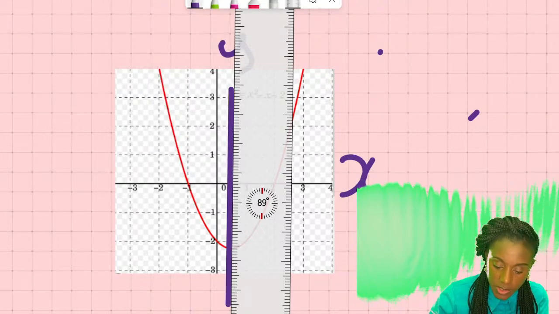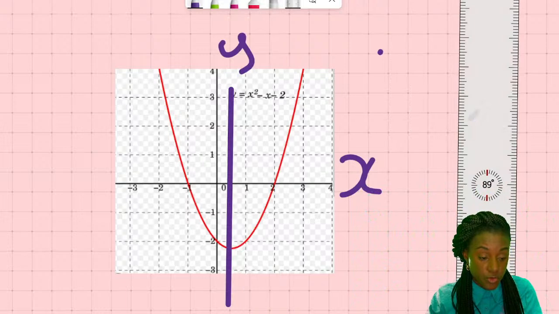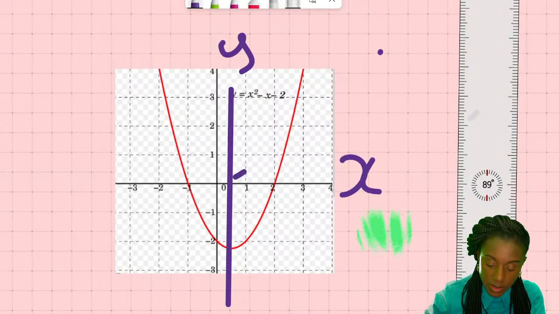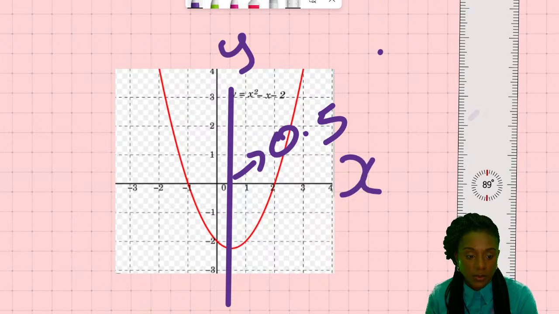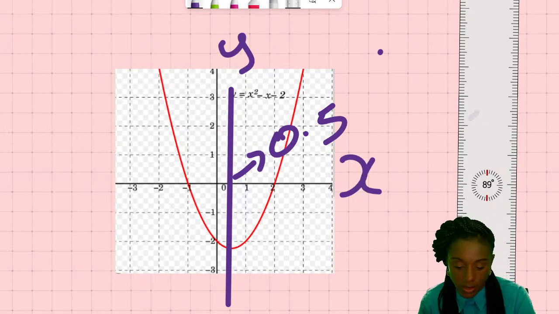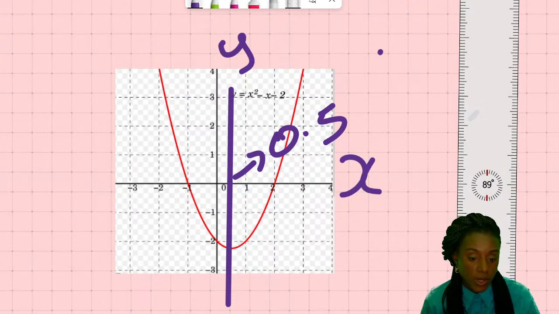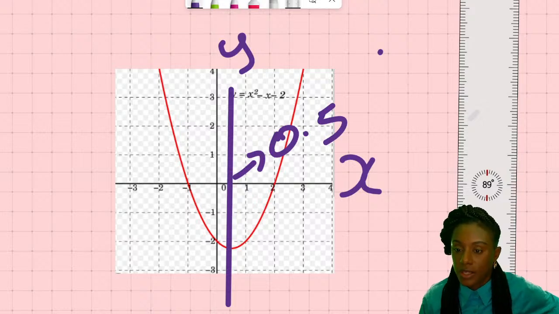This straight line is halfway between 0 and 1. So this number here on the x-axis would be 0.5. Therefore, the equation of the axis of symmetry will be x is equal to 0.5.